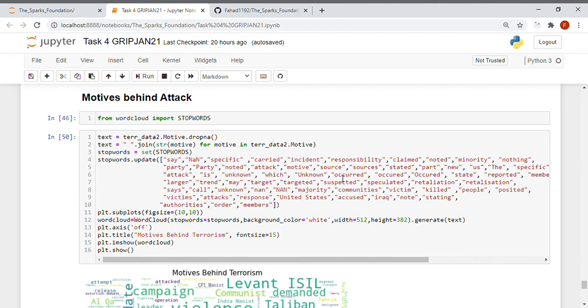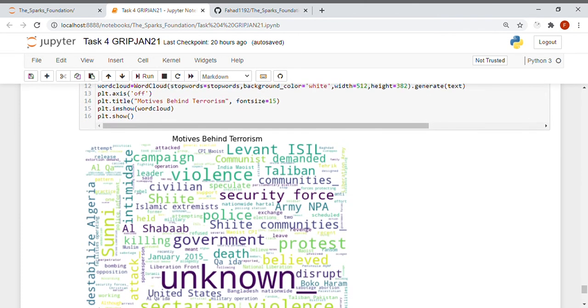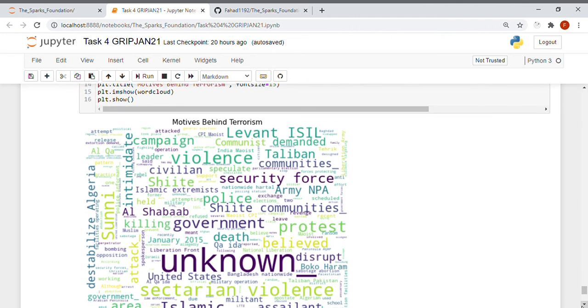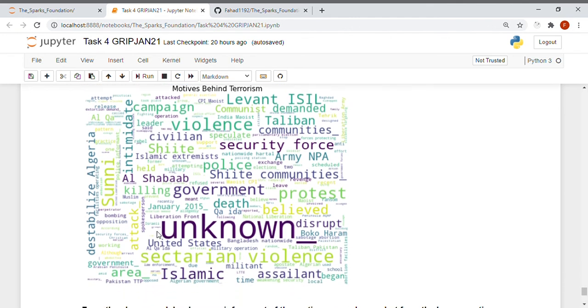We can see some keywords here in our word cloud. The biggest word here is unknown. So for most terrorist attacks, we actually don't know the motive, and that's the truth.